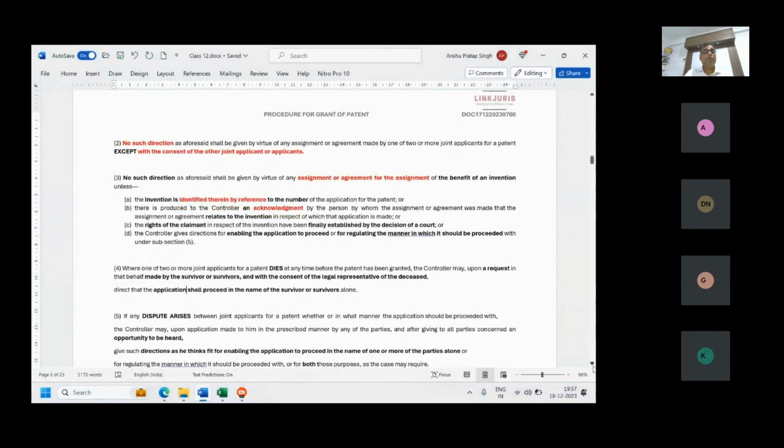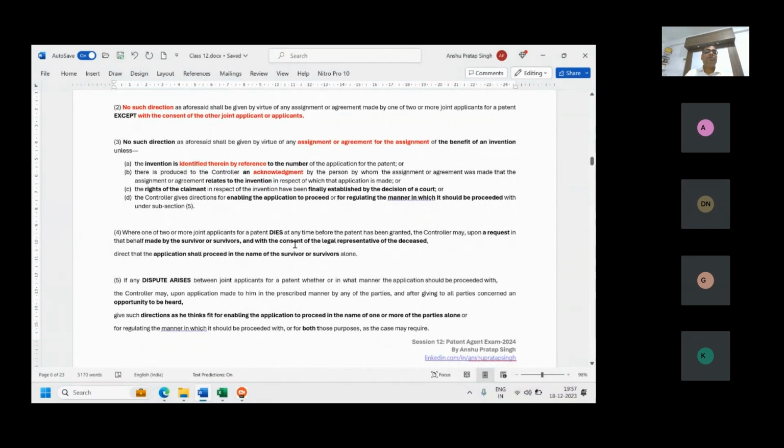Then talk about 4, which is only in case of death. Please remember, if someone dies, then what will happen? A request can be made by its legal representative, the surviving legal heirs, those are survivors, along with the legal representative of the deceased.